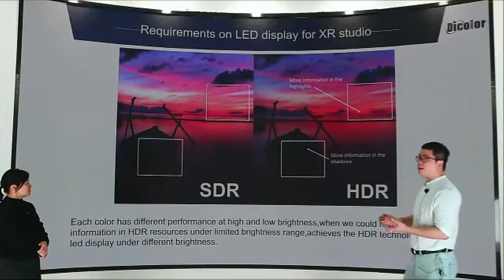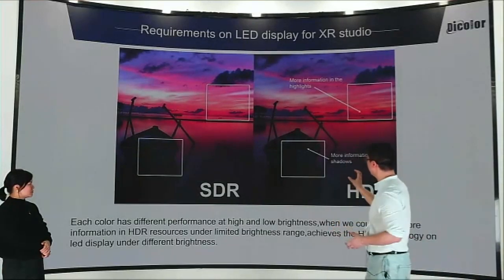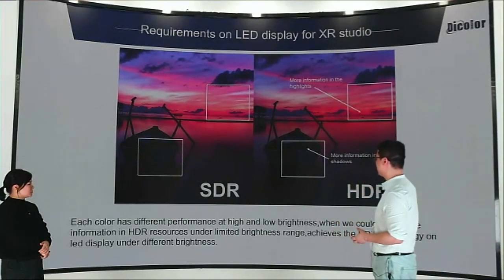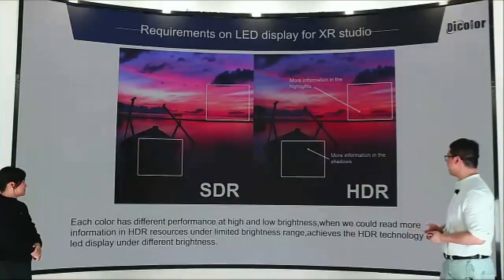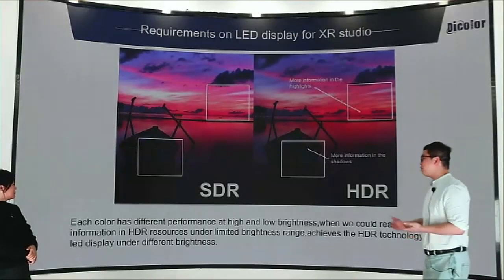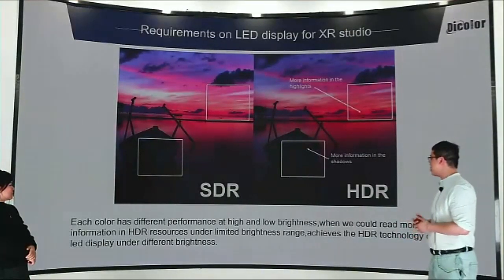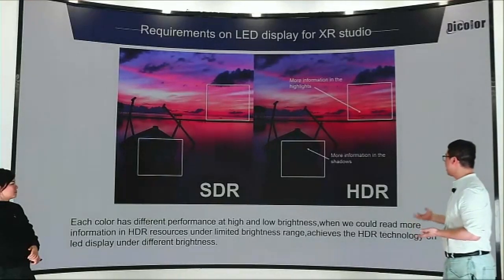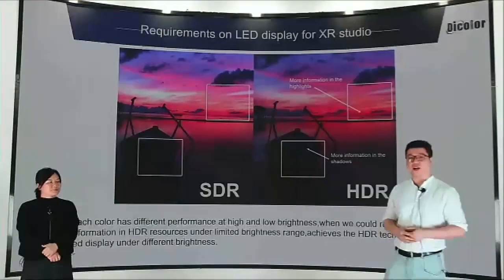It's more detailed for those kinds of photos. It has different performance in high and low brightness, so we can read more information from HDR sources, even in a limited brightness range. So HDR technology is achieved on displays under different brightness.